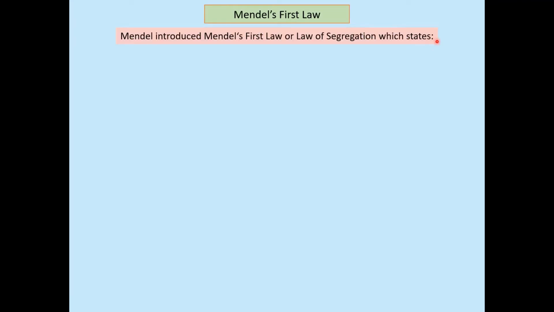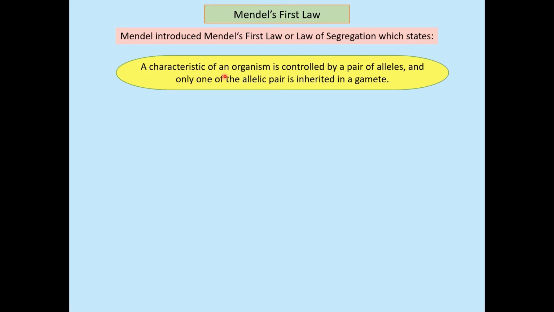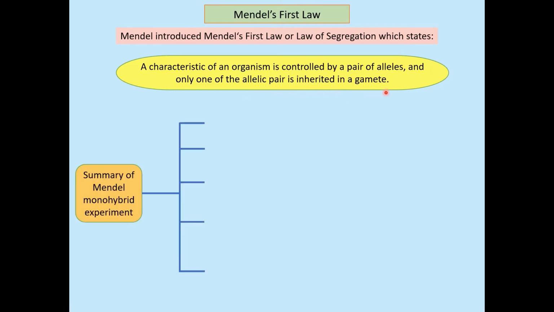Mendel first law. Mendel introduced Mendel first law or law of segregations, which state characteristics of an organism is controlled by a pair of alleles and only one of the allele pair is inherited in a gamete. Okay, so this is the summary of Mendel monohybrid experiments.